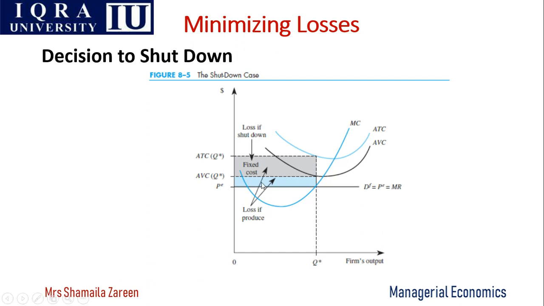So these are the losses. If it shuts down, it means they are not able to pay even the fixed cost. So here the average variable cost curve is lying above the price line.